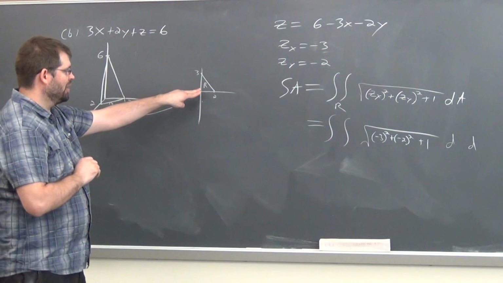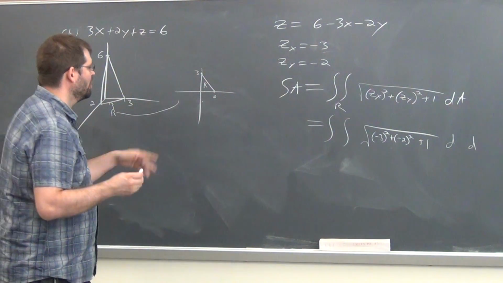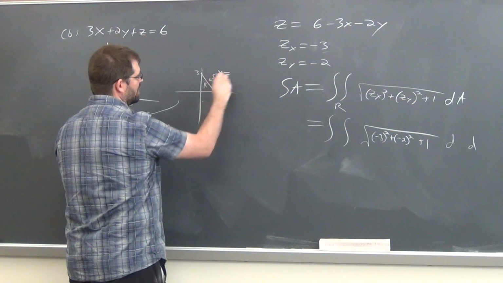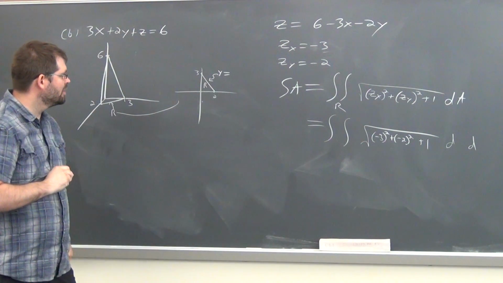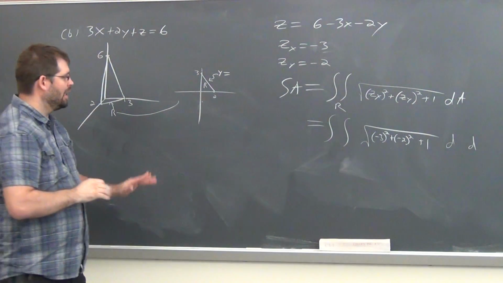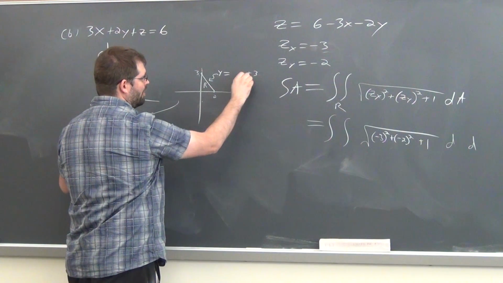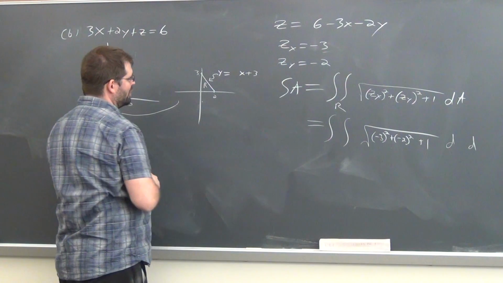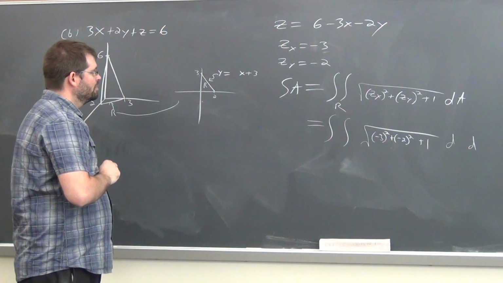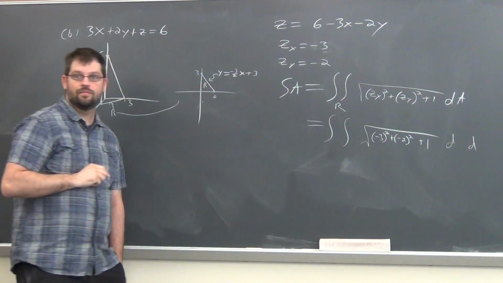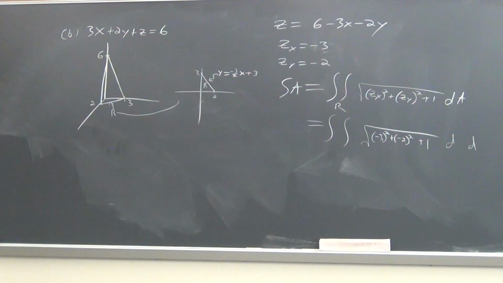So the tricky part on this one is the region, and you could pick either way. Let's do it this way. What is this line? It's a straight line with an intercept of 3, and what's the slope of that line? Negative 3 over 2, right? Does that make sense? So, again, to figure out that line.